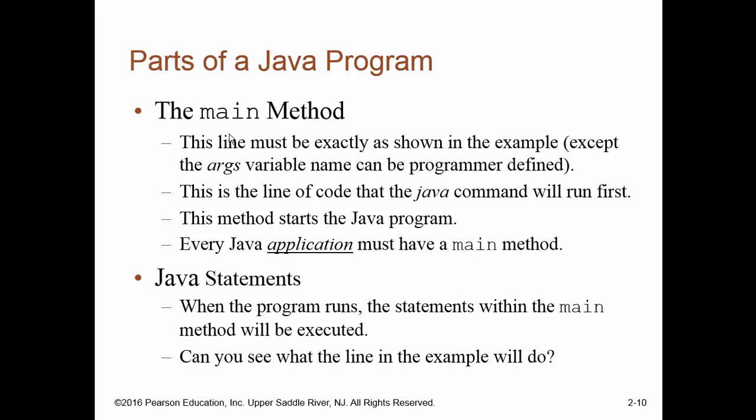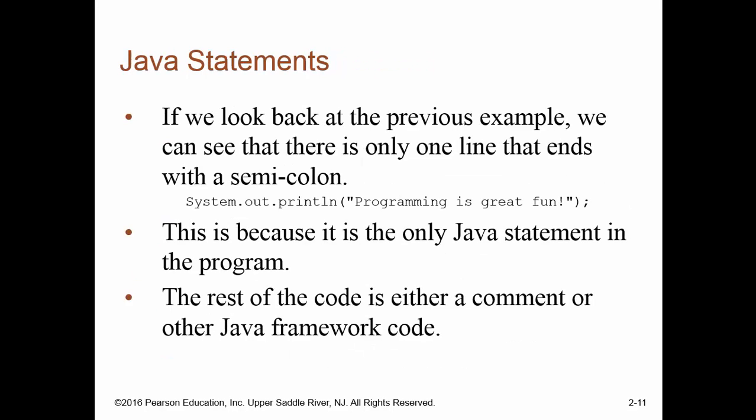All right. Every Java application, and remember this semester all we're going to write are Java applications, must have a main method. When the program runs, the statements within main are executed. Statements must end with a semicolon, so there's only one Java statement in this program. It's the System.out.println.